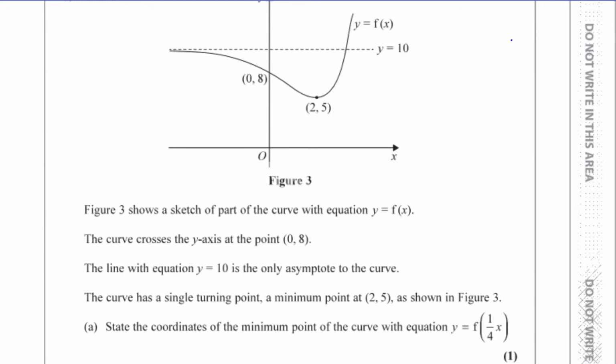Part A says, state the coordinates of the minimum point of the curve with equation y equals f of a quarter x. So I'm just going to answer the question over here.